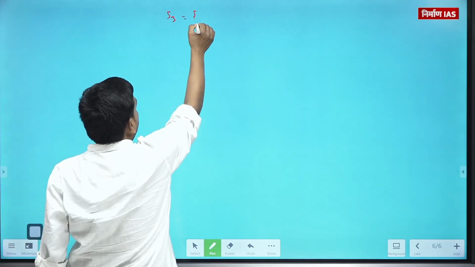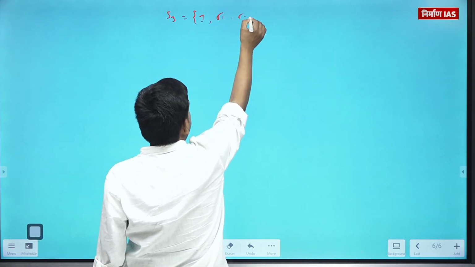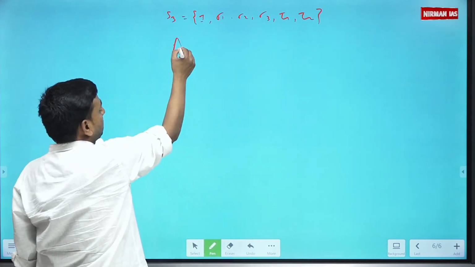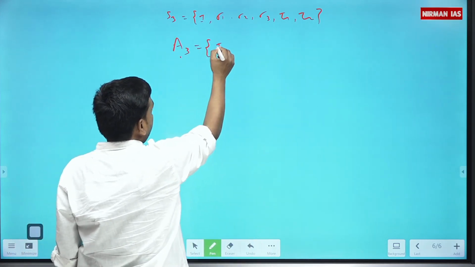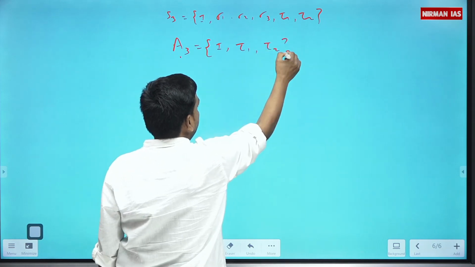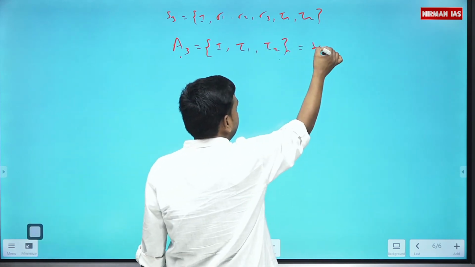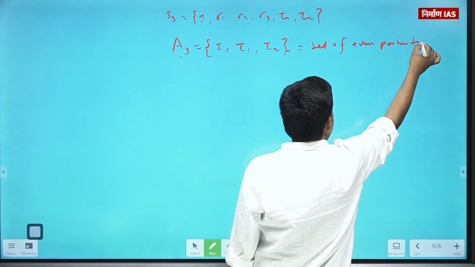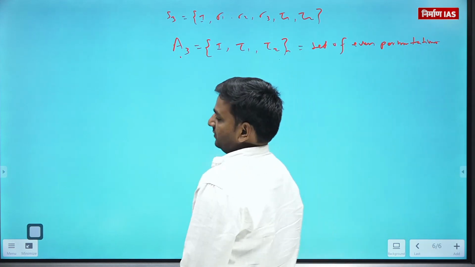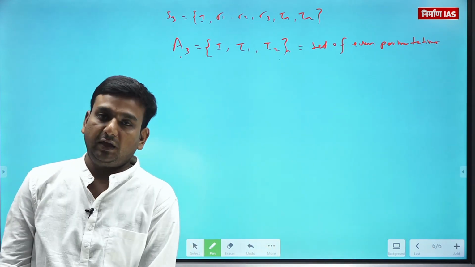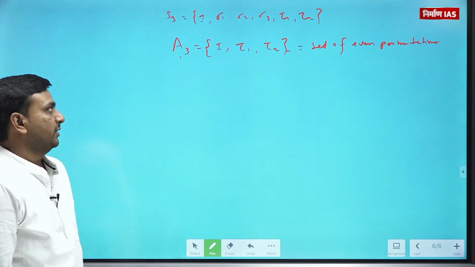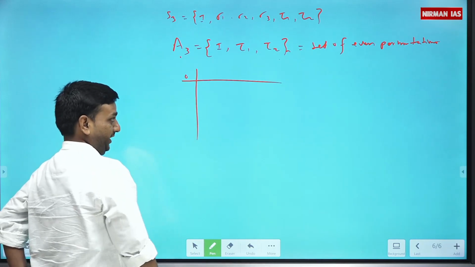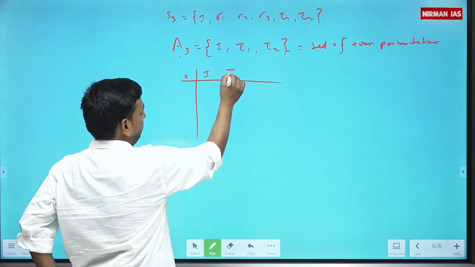So with S3, I can take out a set A3 as I, tau 1, tau 2, and I call it the set of even permutations. Now you can find the composition table for A3.